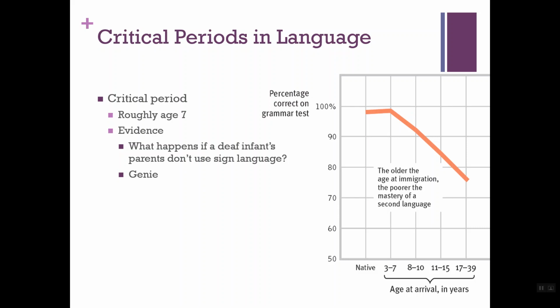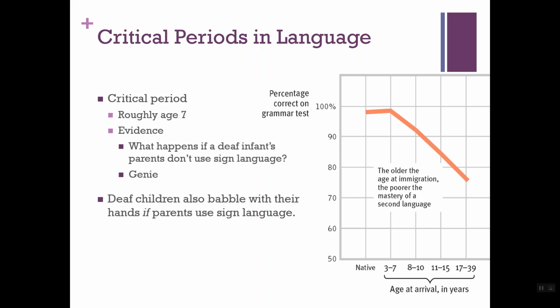She could speak kind of like tweet speech and put some sentences together and was learning from what the researchers could tell, but she didn't ever get to that point where she could speak it fluidly. And that's where we have some evidence to suggest there's probably a critical period around the age of 7. Again, this isn't like a hard and fast rule. Everybody is different, but generally speaking, around this age, this is the critical period.